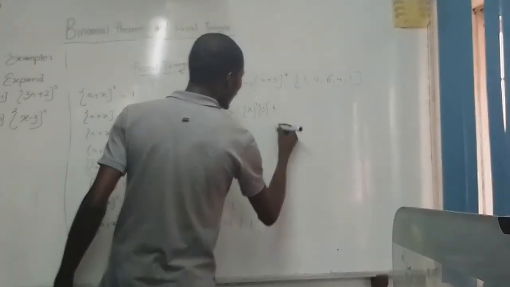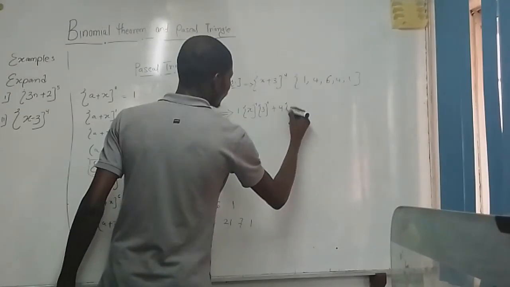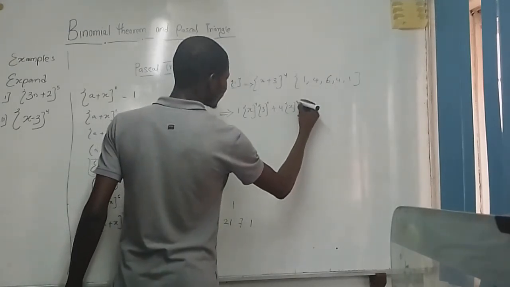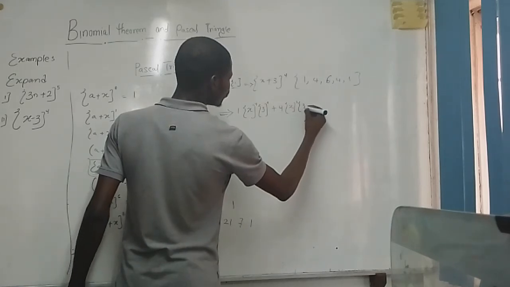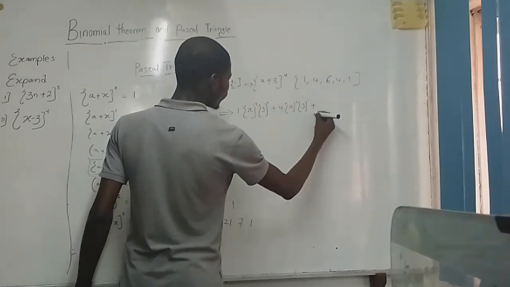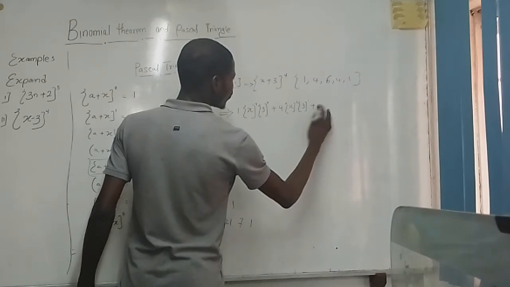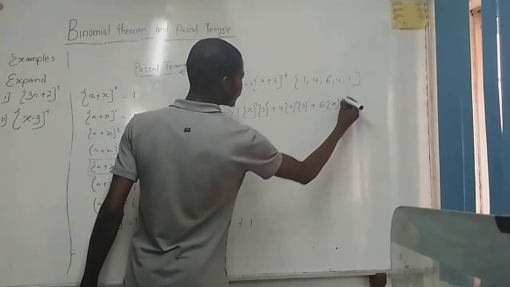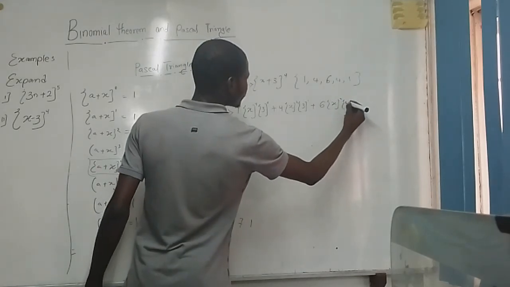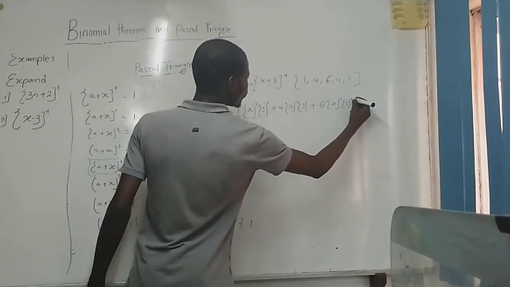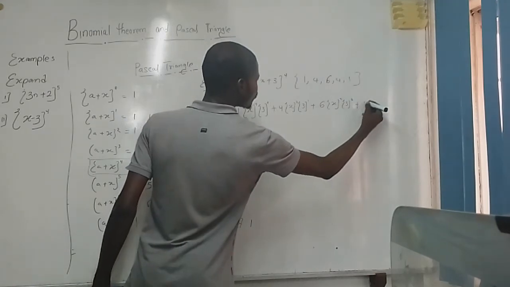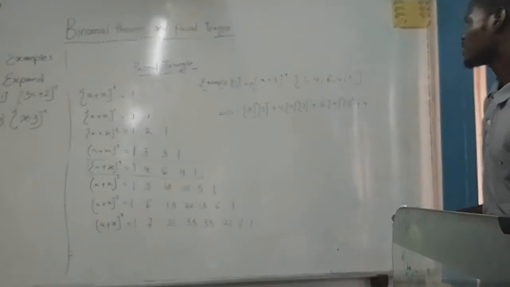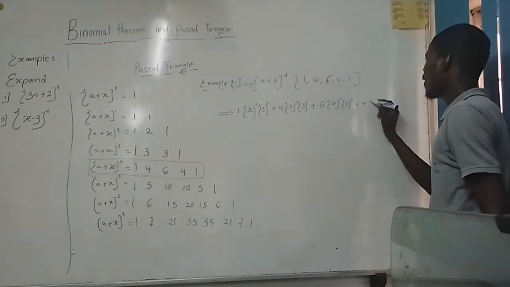You apply the same thing here: 4 times x raised to power 3, then 3 raised to power 1, plus 6 times x raised to power 2, then 3 raised to power 2, plus 4. Do you understand?